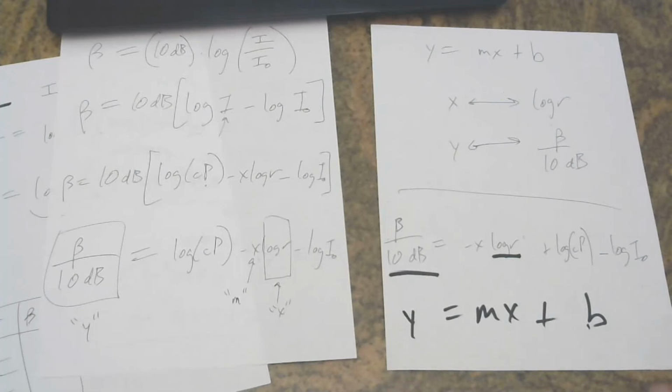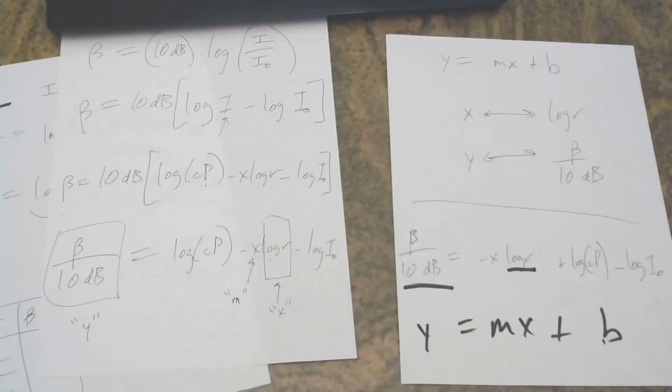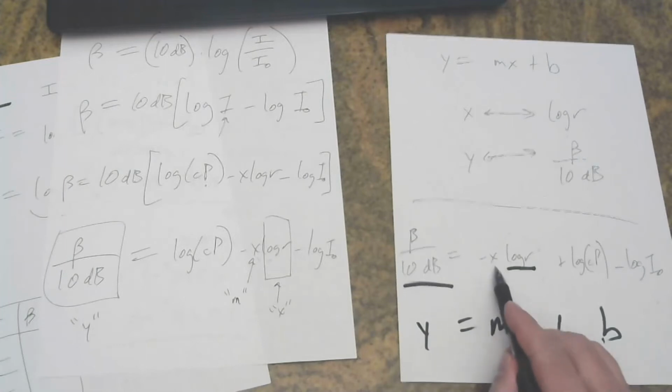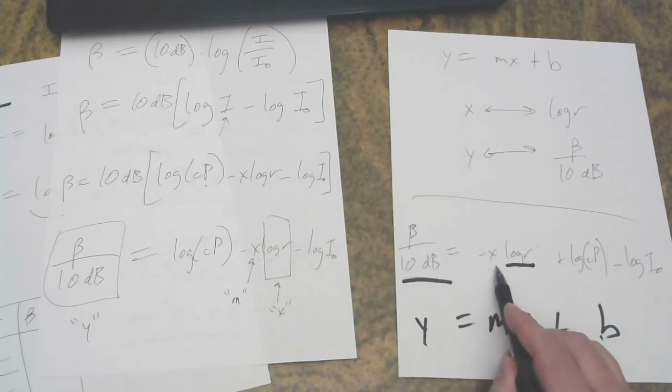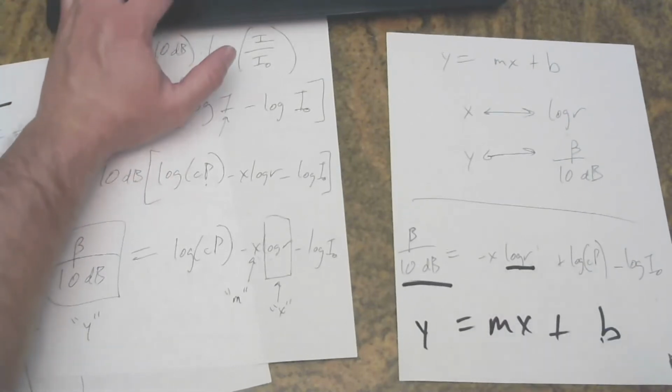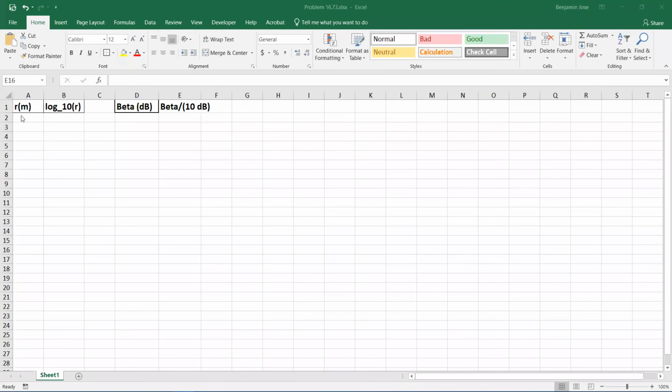Let's go to a spreadsheet now, plug in the data that was given in the book, and see if we can determine the value of the slope of the line, which is really the unknown power of distance that we seek from the graph. I labeled some columns already. Let me enter the data that was given in the book.